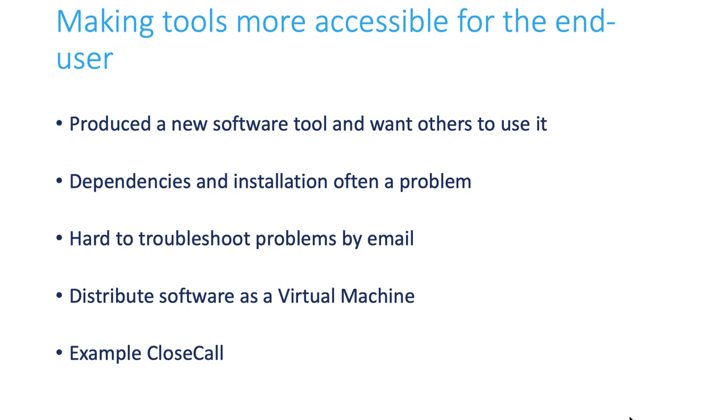A similar sort of thing could be, for example, Singularity or Docker. People can bundle software that way, or you might go down the route of a virtual machine. An example of this that we actually put together at Babraham was for a software tool called CLOSE-CALL, which looks at something called proximity RNA-seq data.